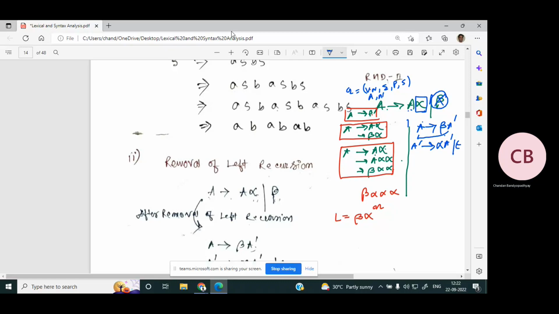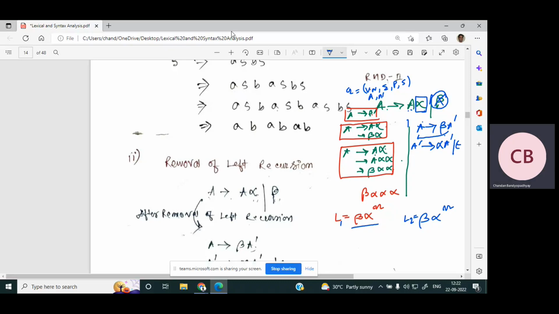Later we will prove whether this production rule that I have formed is the same as the original production rule or not. From the original production rule, the language is beta alpha to the power n. If from this production rule I can also prove beta alpha to the power n, let this be L1 and this be L2. That means both the productions are the same. I hope you will be convinced then. If both the languages are the same, then both the productions are equivalent.